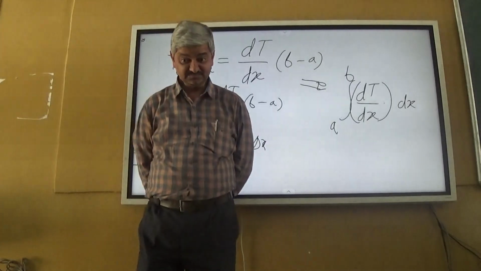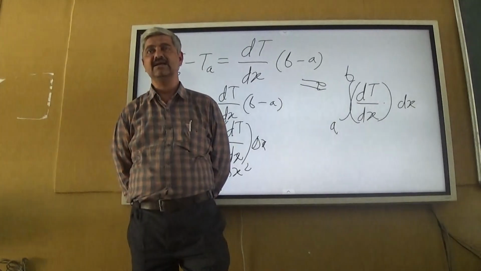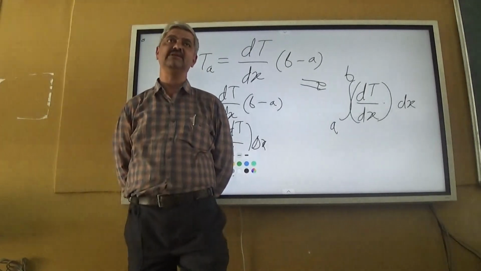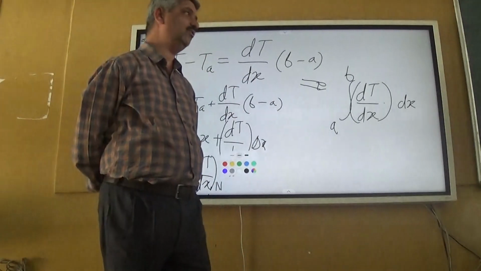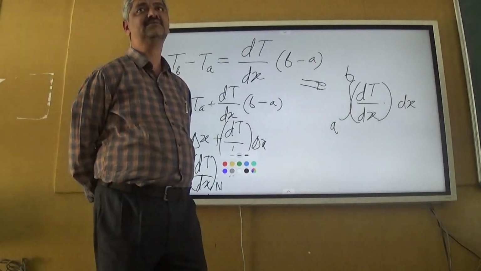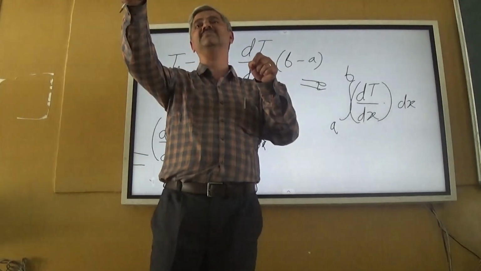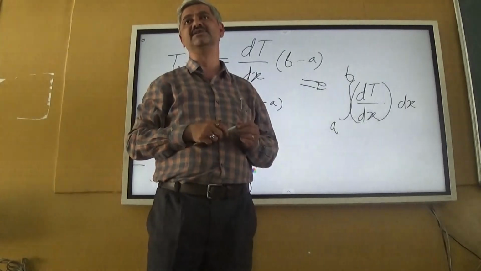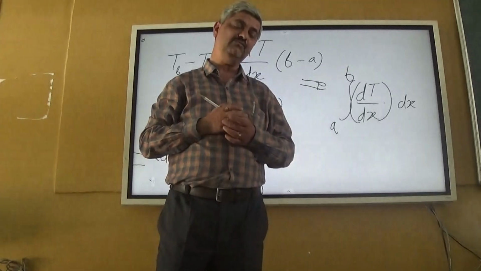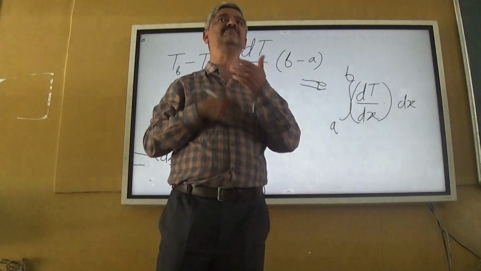The independent variable is position and the dependent variable is temperature. So how will you write? And now if you are at one point, from there if you go to another point, how does it change? Now you will find not one derivative but multiple derivatives. How?